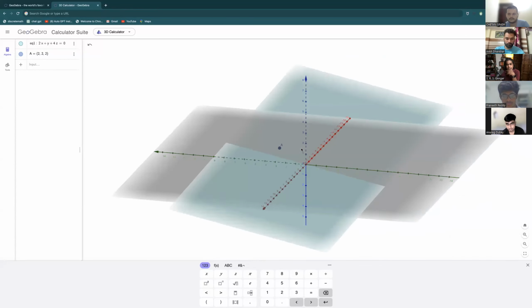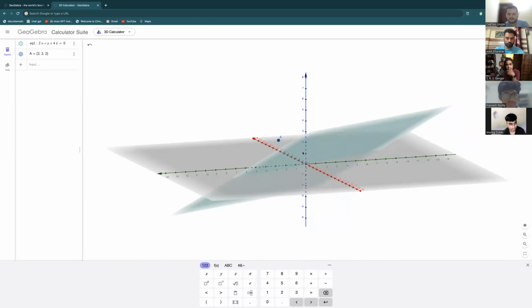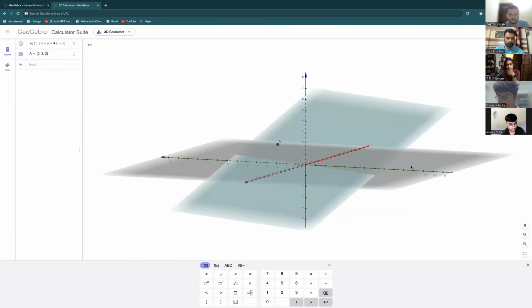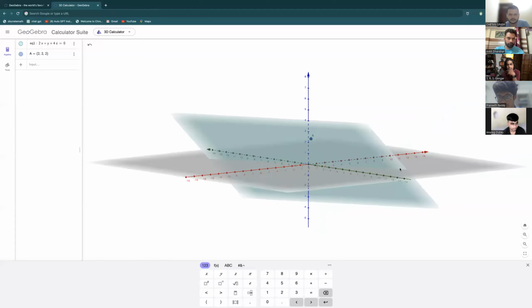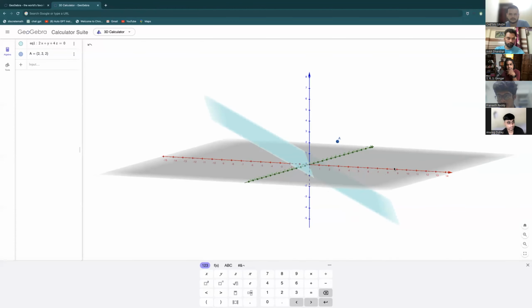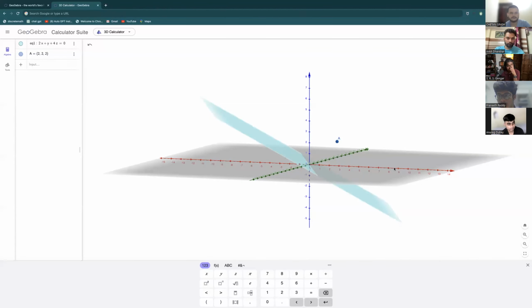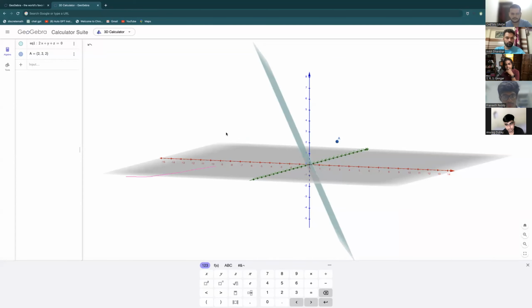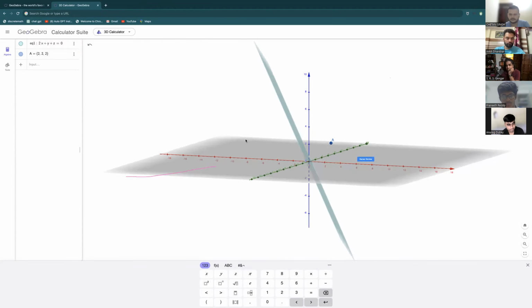Let me choose a point so that it's easy on the mind. x plus y equals z. 2x plus y equals z.